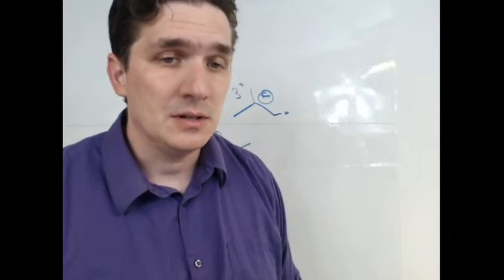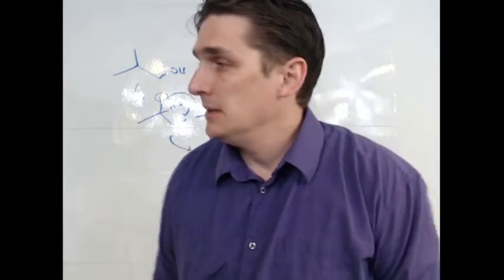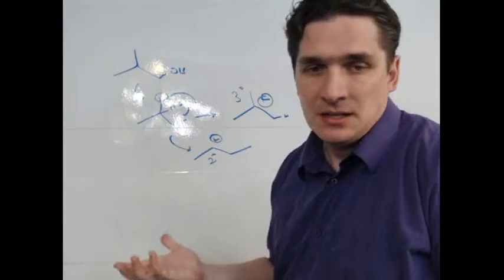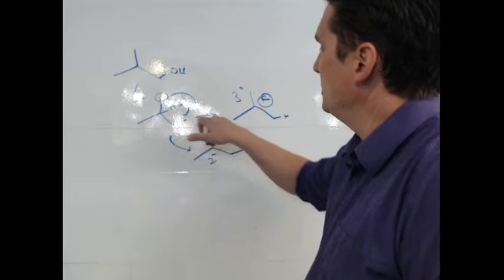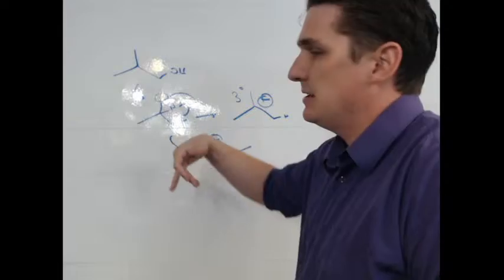Hydride shifts are easier. Kinetically, they're super simple. The big thing your book is going to emphasize, and they're correct to emphasize it, is that if you do the hydride shift, you end up with a tertiary carbocation versus a secondary with the methyl.